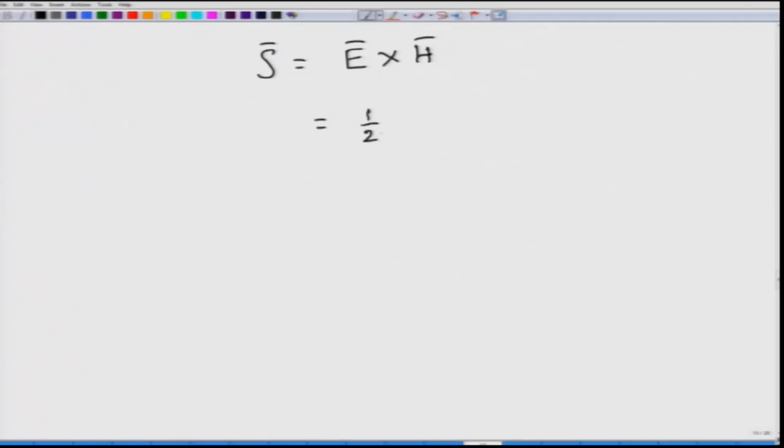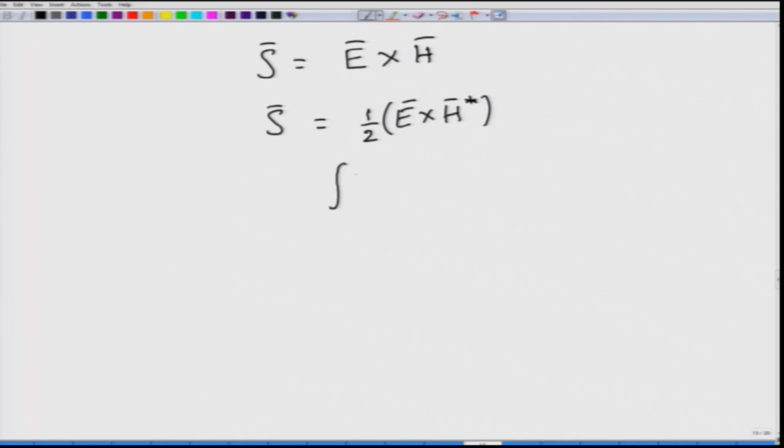You can actually write the Poynting vector as half real part of E cross H star. This half is just for normalization purposes, and this S is the Poynting vector which tells you how much power density is being carried away.